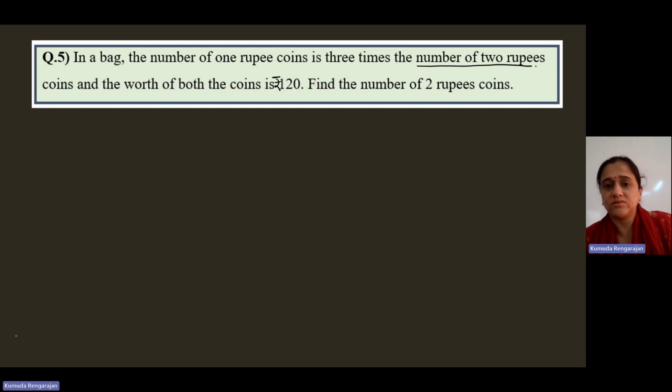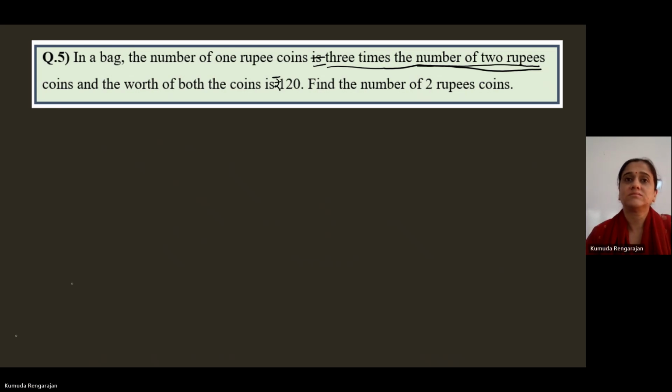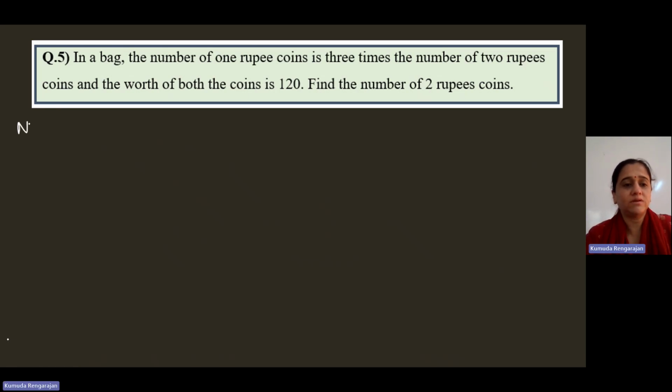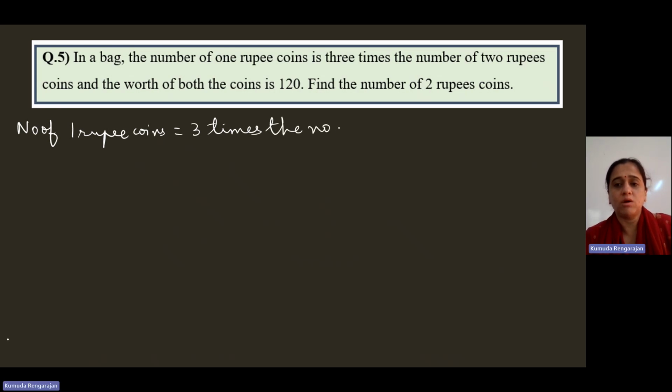So 3 into the number of 2 rupee coins is the number of 1 rupee coins. So we are given that the number of 1 rupee coins is equal to 3 times the number of 2 rupee coins.